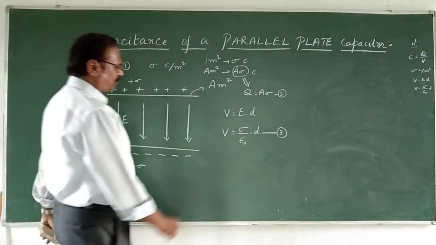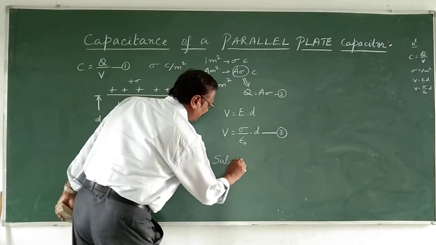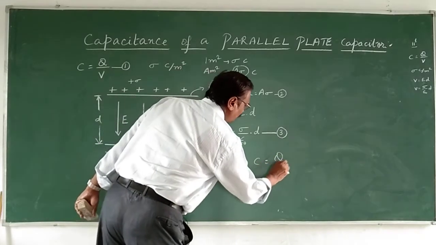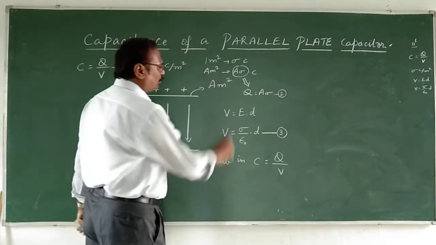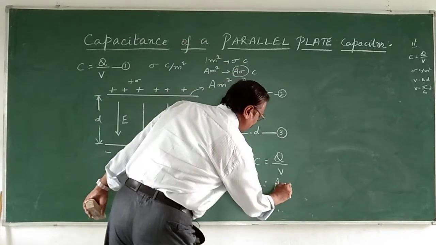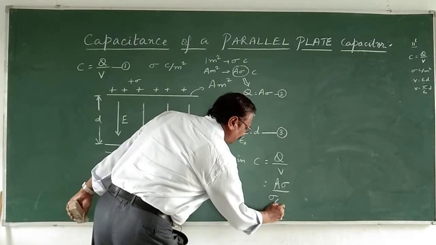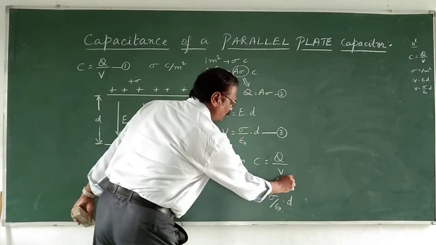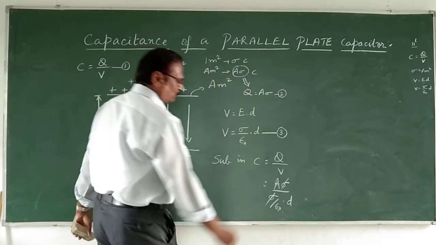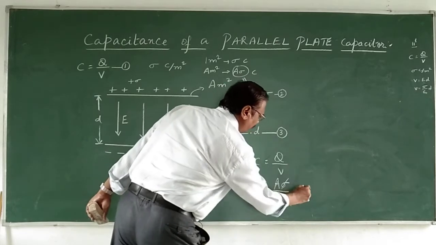Take the main equation, substituting in C is equal to Q upon V. Q is A sigma, and what is V? Sigma upon epsilon naught into d. So sigma cancels, and epsilon naught comes up.